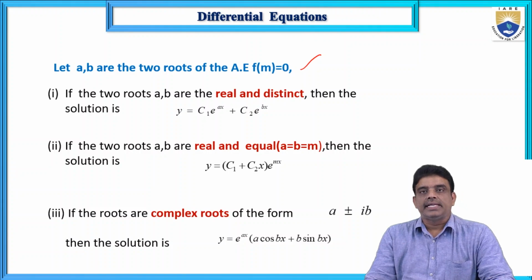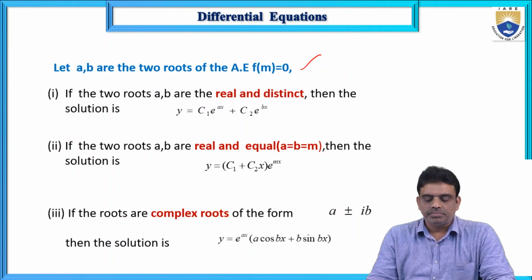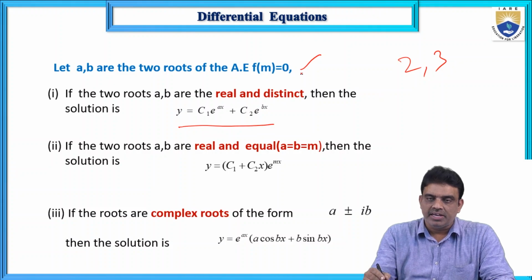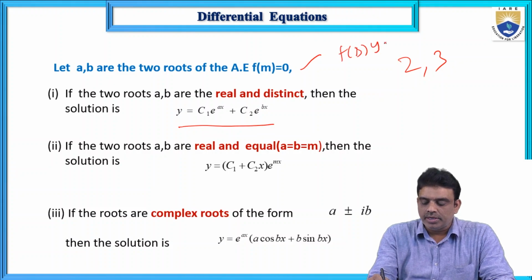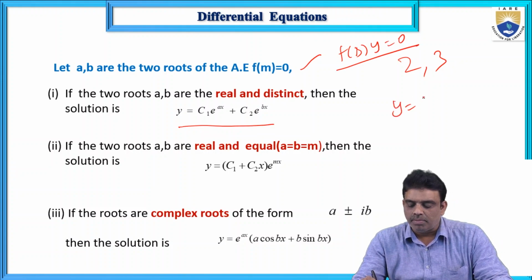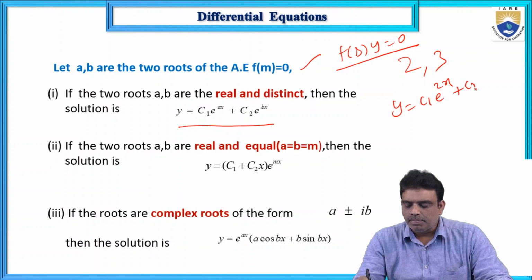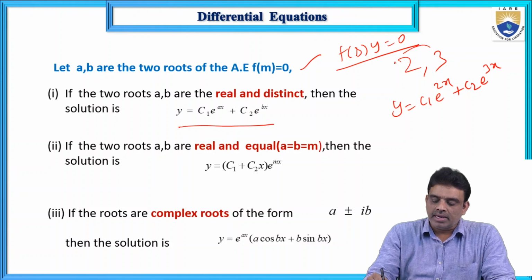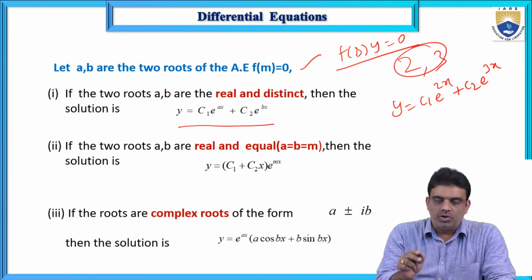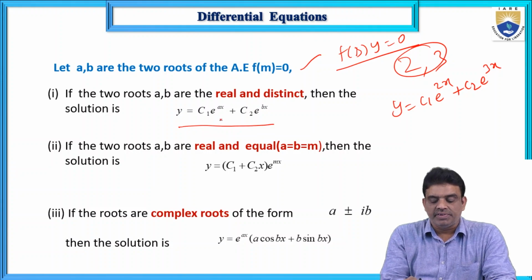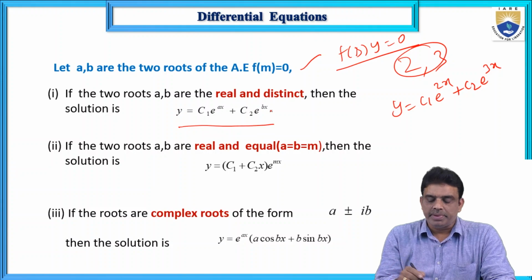Case 1: if the 2 roots a and b are real and distinct, like 2 and 3, then the general solution of f of D into y = 0 will be in the form c1 e^(2x) + c2 e^(3x). That is the standard notation. If a and b are 2 real roots, the solution will be y = c1 e^(ax) + c2 e^(bx).